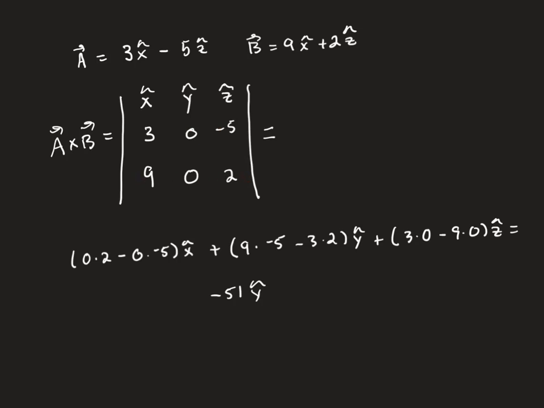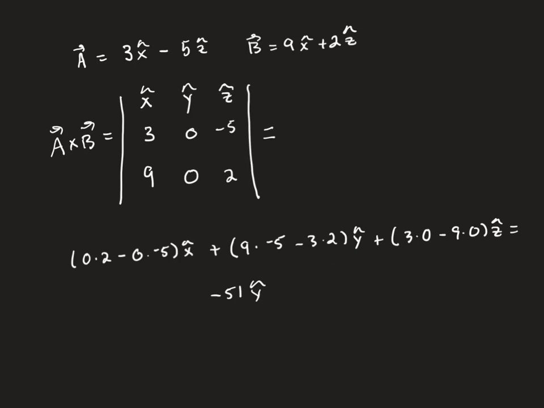Alright, so now I'm going to do my cross product. I've covered up this column, so I'm going to do 0 times 2 minus 0 times minus 5, which is simply going to give me 0. For my y term, I'm going to cover up the second column. Remember, we start at the bottom here, so 9 times minus 5 minus 3 times 2.